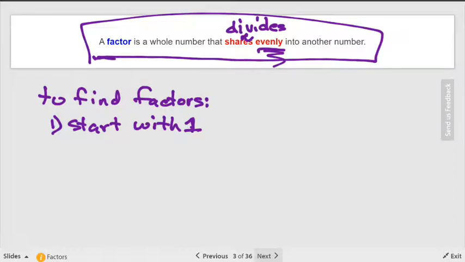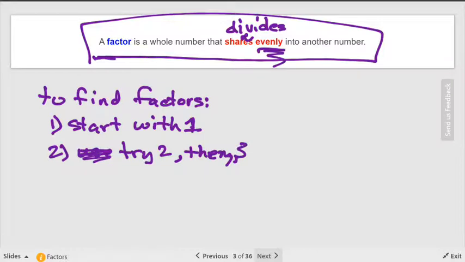So what's 6 divided by 1? 6. Then try 2, then 3, etc. Everybody remember what etc. means? On and on forever. Same thing over and over.